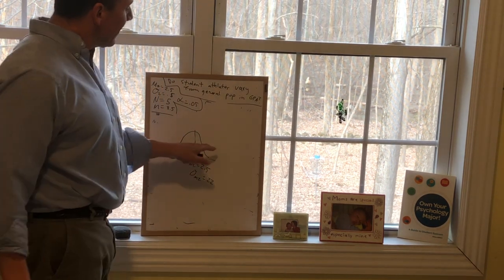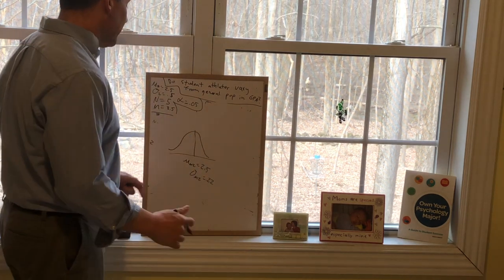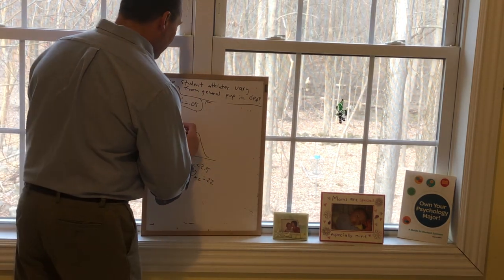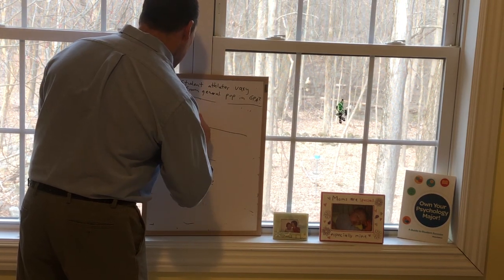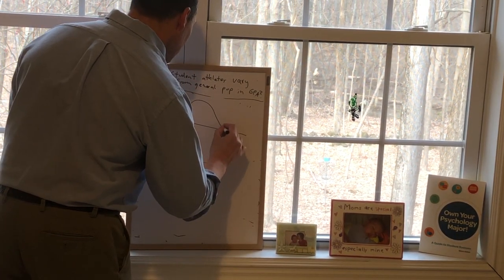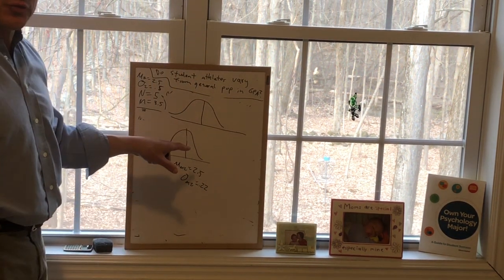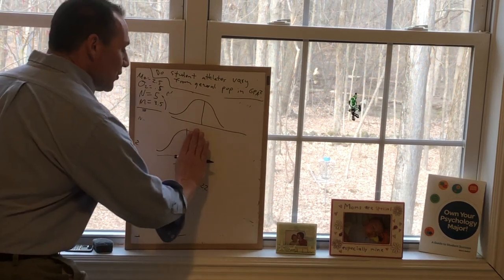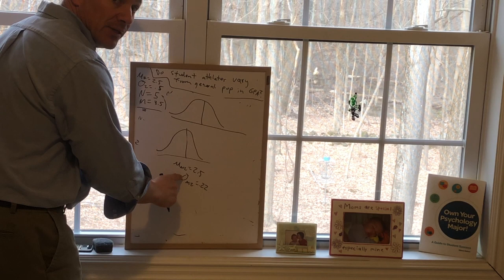The fact that my Z obtained was way over there suggests that the population mean for student athletes is shifted relative to the mean for the general population.